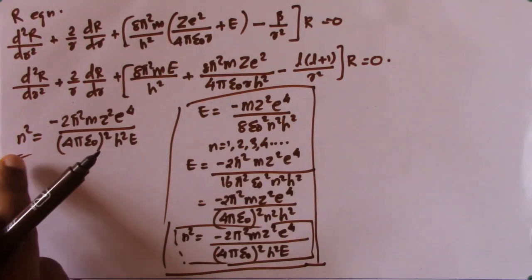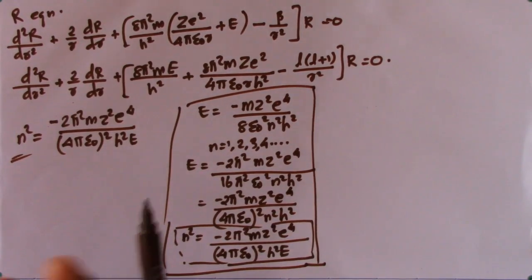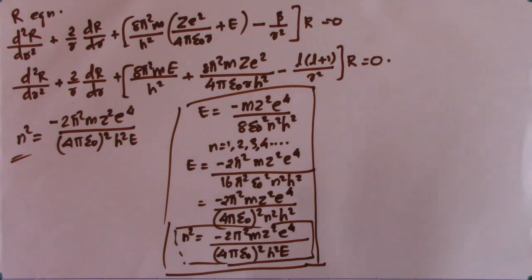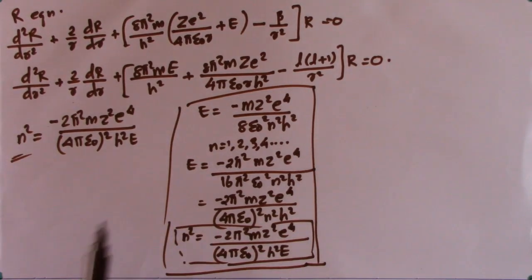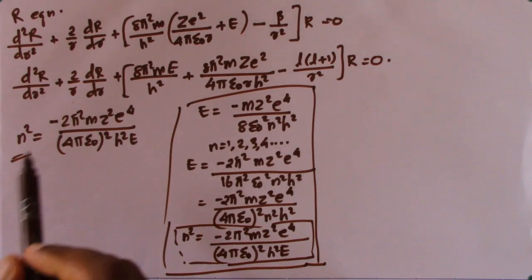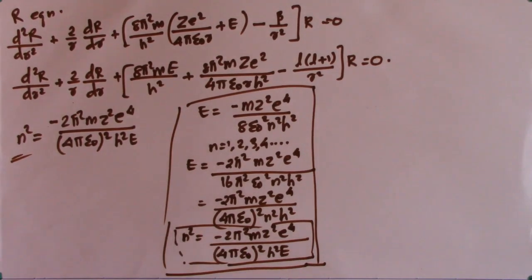We have only introduced n. We don't know what the values of n are. Perhaps n can have fractional values, perhaps n can have negative values, we don't know. We just introduced the n here and we don't know what the values are. So whenever you are introducing this n square here, you should not confuse it with the n which was appearing in the Bohr model.